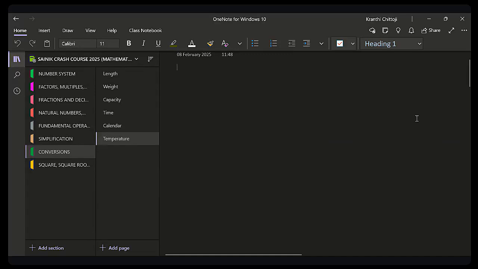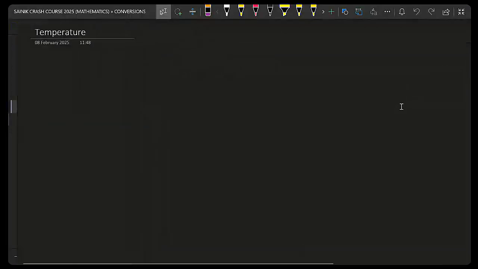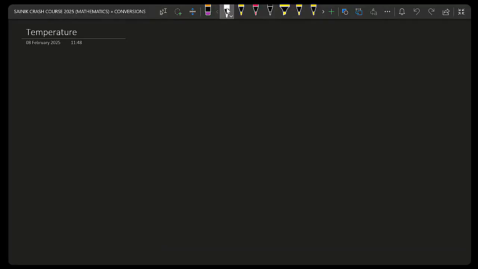Next, we are going to discuss temperature conversions. We are going to use two different units for temperature, that is degree Celsius and degree Fahrenheit. So what is the conversion between them? F is equal to 9 by 5 C plus 32.